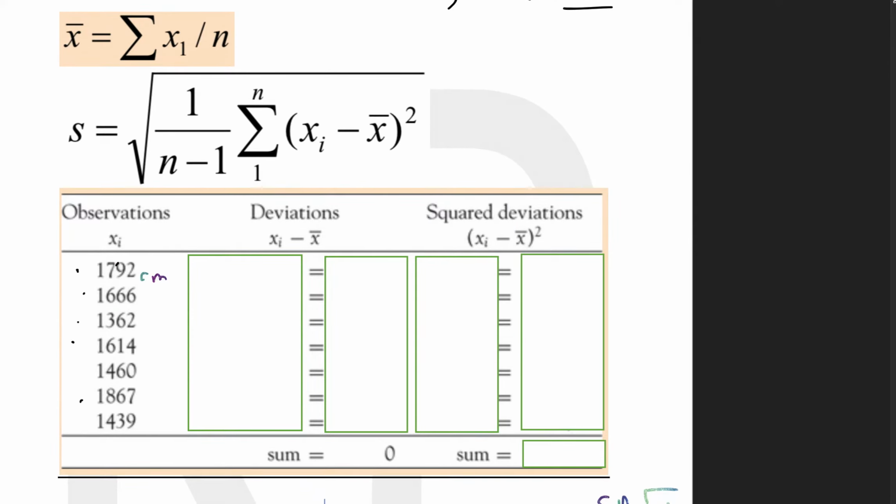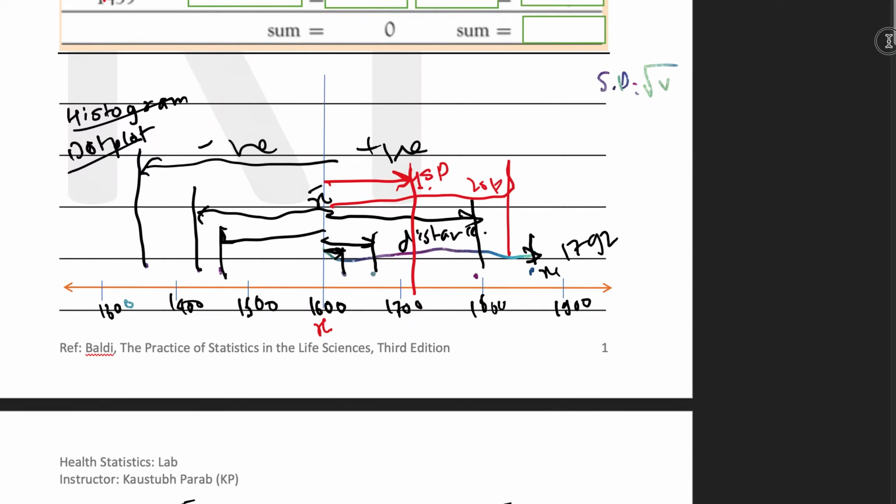So now let me explain the concept in this formula for standard deviation, where n represents the total number of data points, or individual data points. In here these are 7, so n is 7 here, but we use n minus 1, which is nothing but degrees of freedom. I'm not going to go into detail on degrees of freedom. You might want to check the textbook for more details.